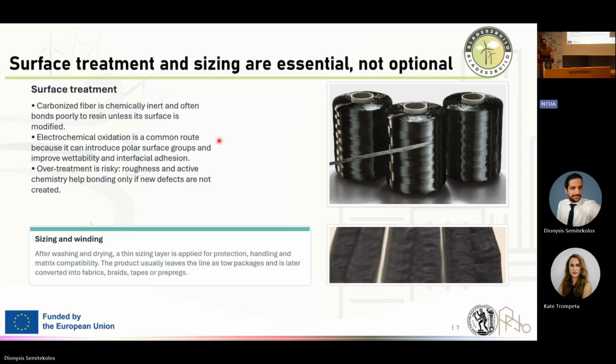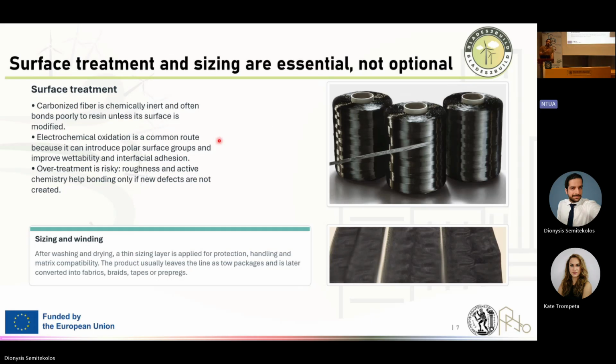So we have these graphene planes that we discussed, but they are not reactive with the resins that we use. We don't have any covalent bonds that can form with the resins, and we need this if we want to improve the adhesion with the resin. This is why we are doing the surface treatment.